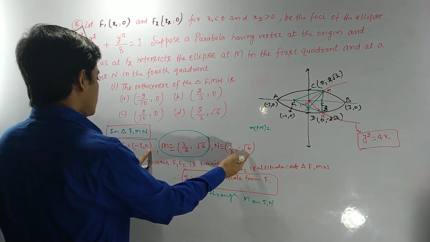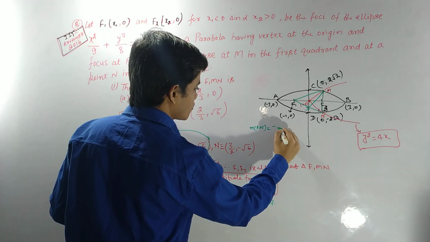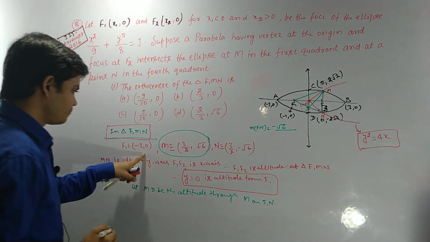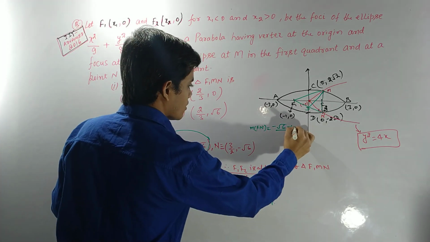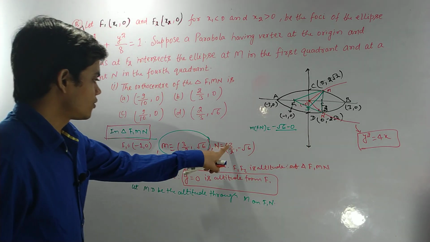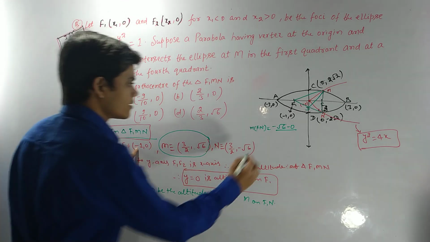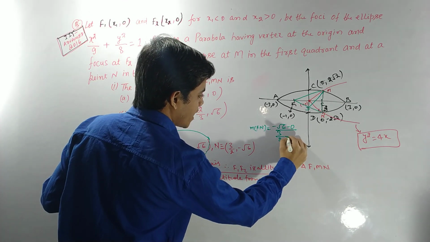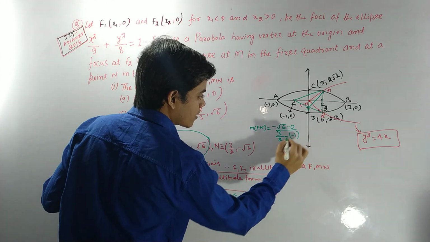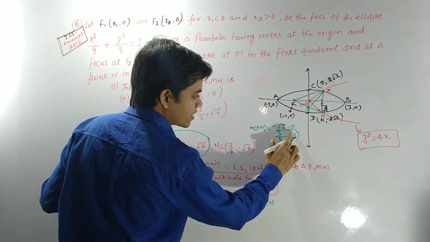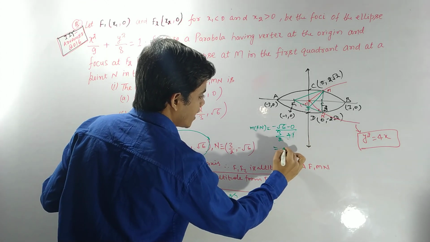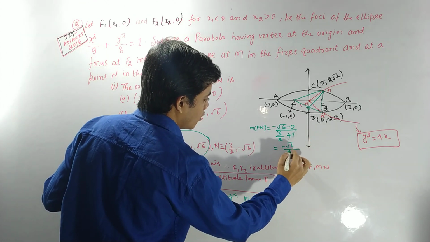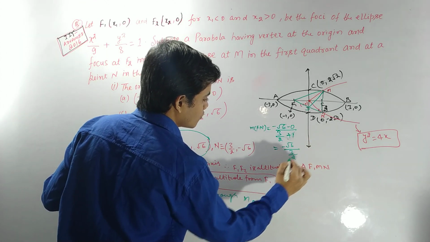So y2 minus y1 is minus root 6 minus 0, upon 3 by 2 minus minus 1. Minus minus is plus, so 3 by 2 plus 1. So finally it is minus root 6 upon 3 by 2.